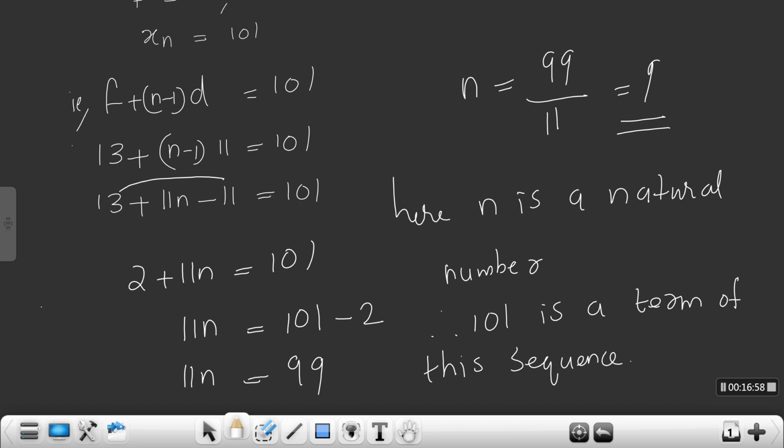Here, if n is not a natural number, that is, if n is a decimal number or a fraction, then 101 is not a term of this sequence. Here n is a natural number, so 101 is a term of this sequence.